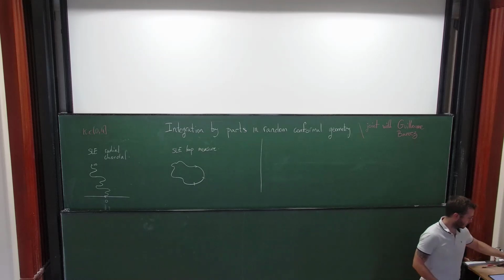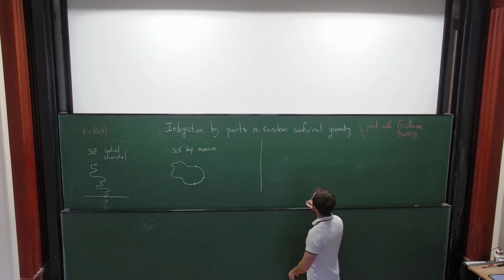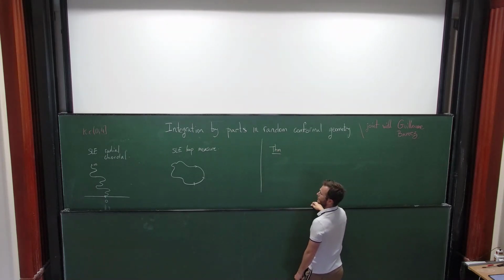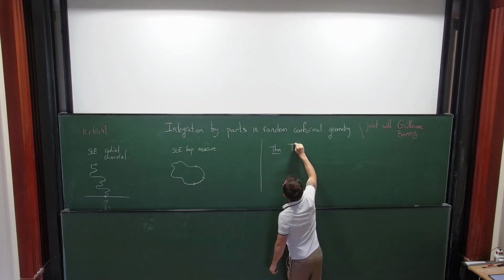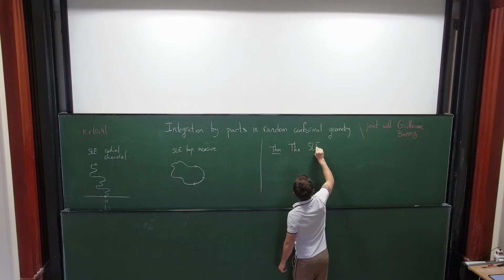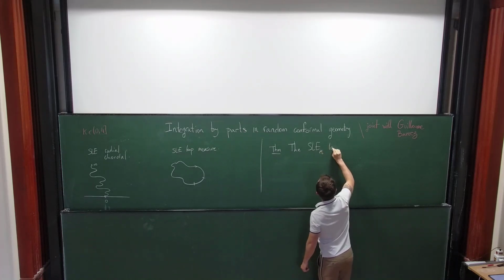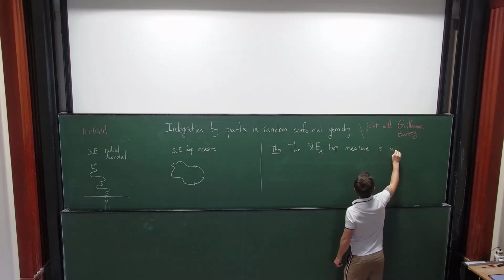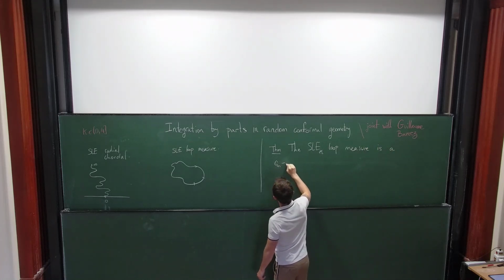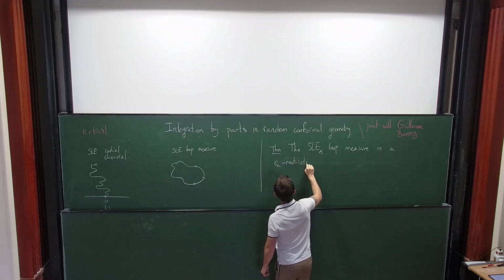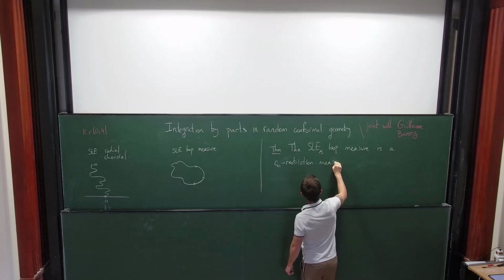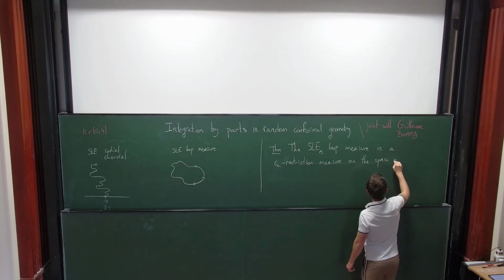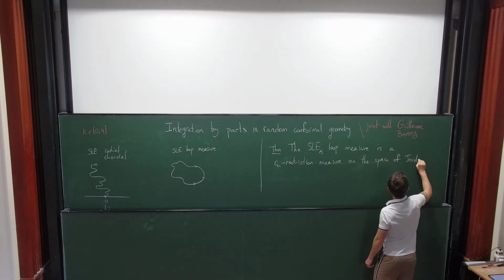Okay, so let me maybe start with the theorem. The SLE kappa loop measure is a c_M restriction measure on the space of Jordan curves.